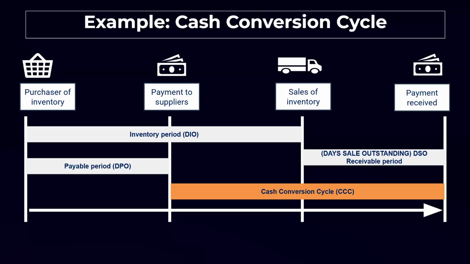So it depends on the industry, right? In terms of manufacturing, it goes from 60 to 90 days. If it's a retail business, which does not have any customer payable period, most of the sales are in cash, right?